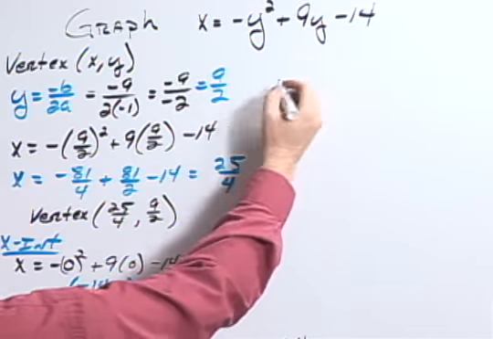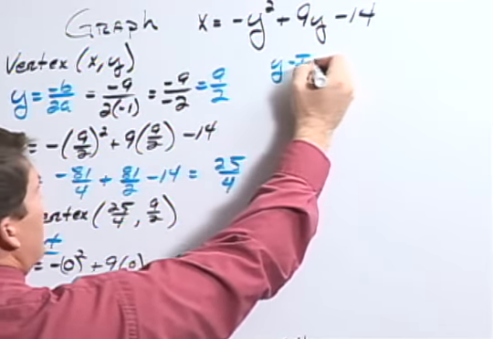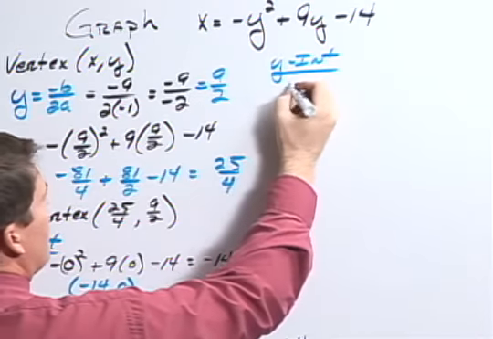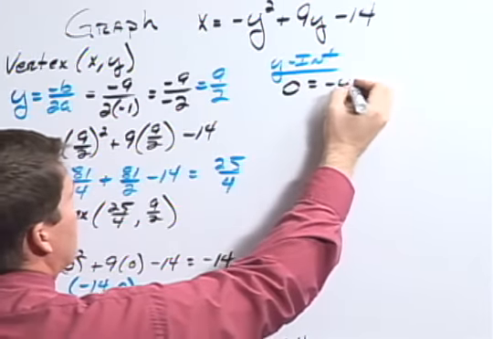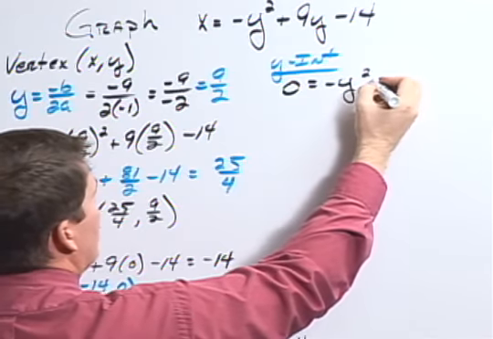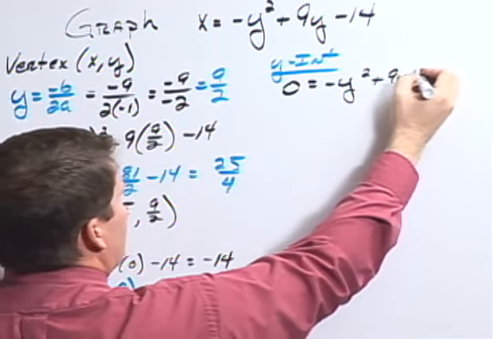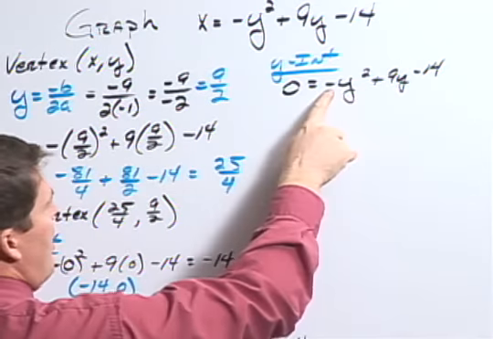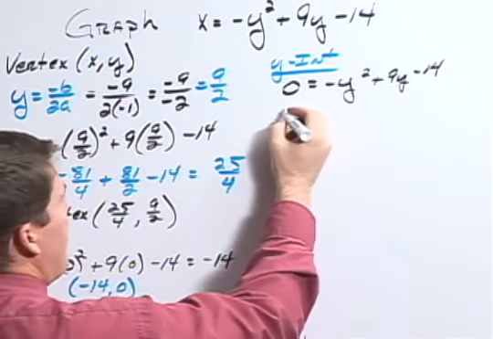Next, let's move on to our y-intercept. For our y-intercept, let's let x equal 0. So we'll have 0 equals negative y squared plus 9y minus 14. And we can start by trying to factor.